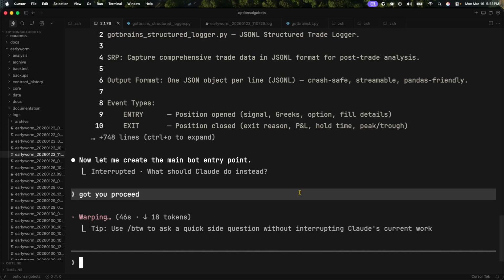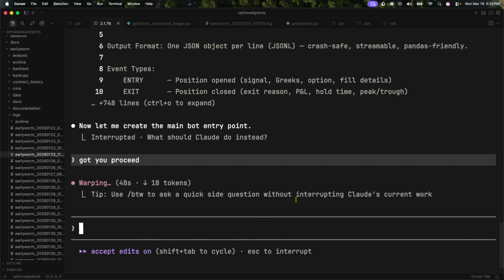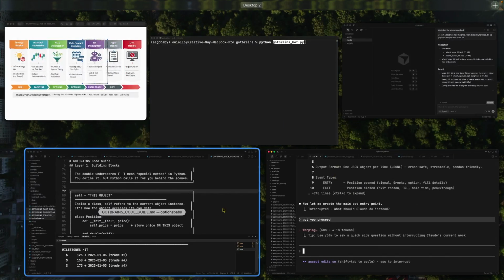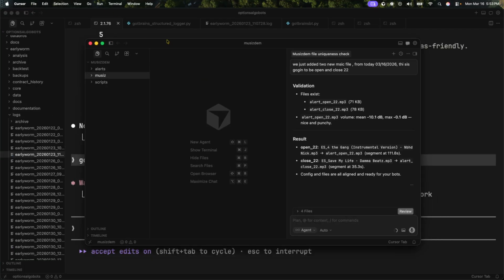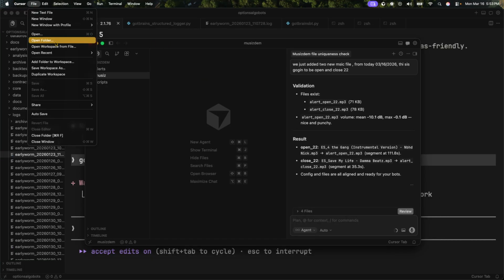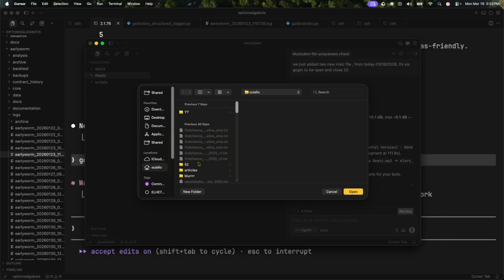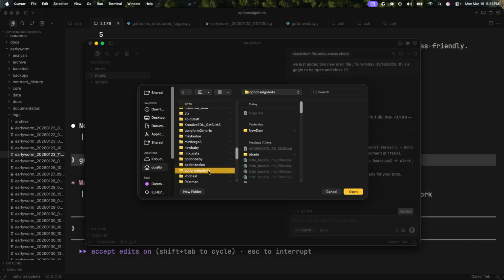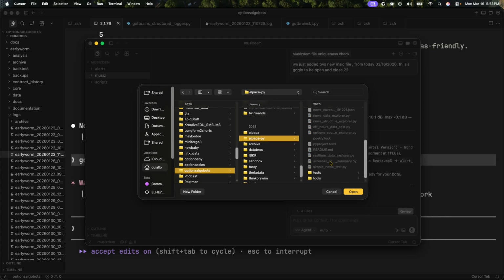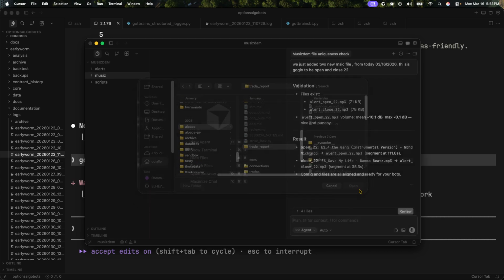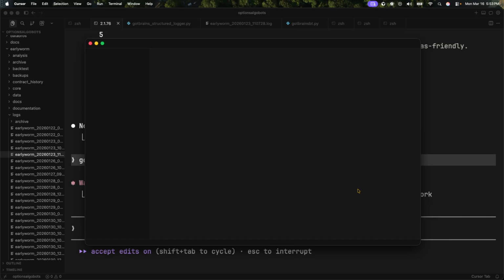Now the impetus behind me actually creating this bot is, while I'm waiting on this, let me show y'all. Let me show you something. Trade report.